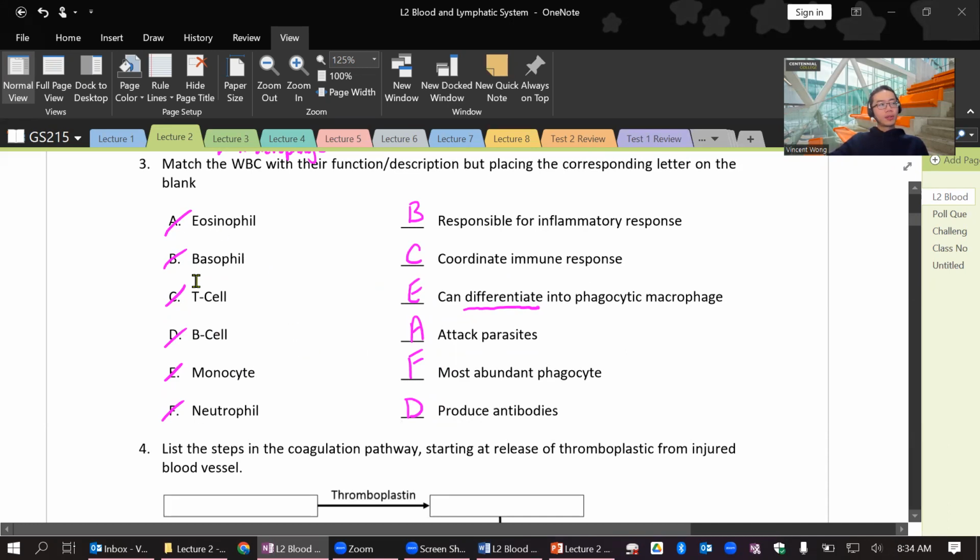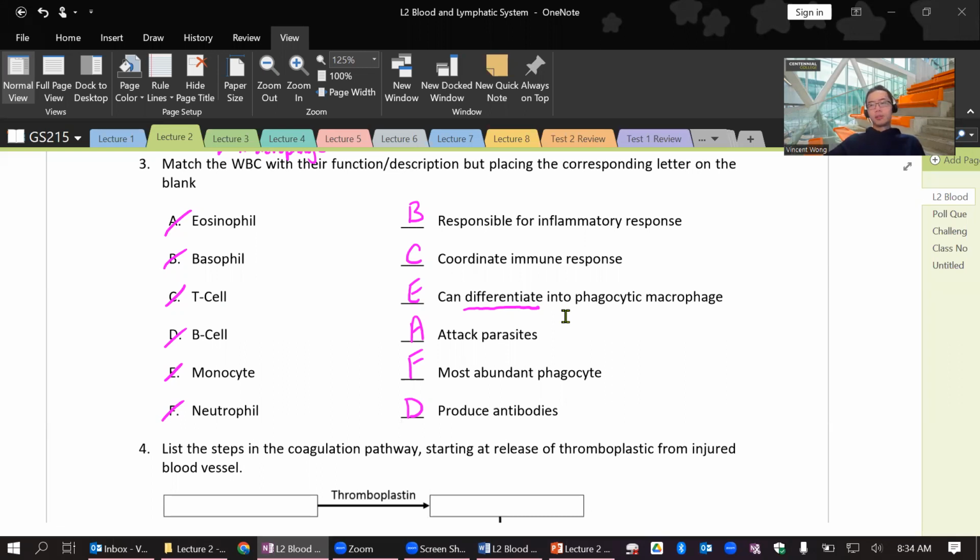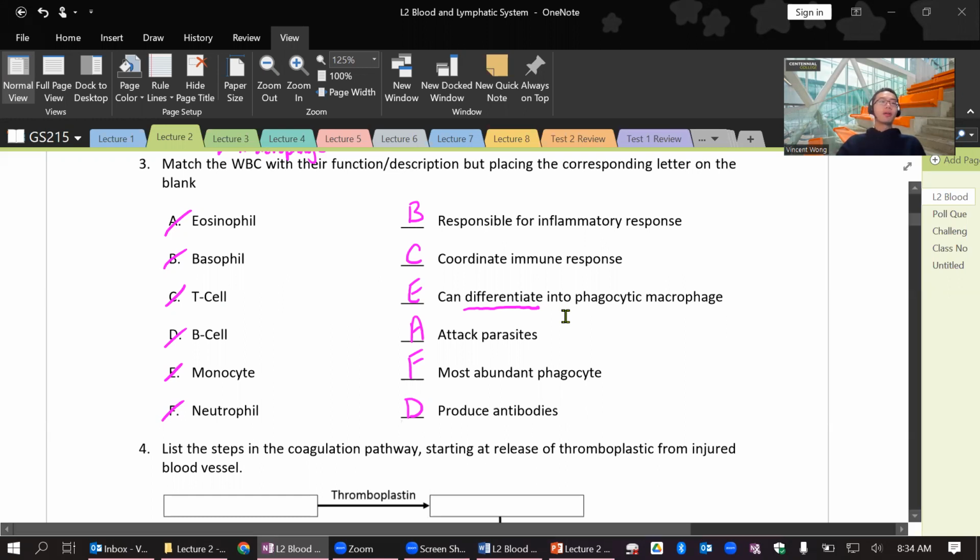Okay. So these are all the white cells that we've learned. Where do these white cells come from? Just to see if you remember. Bone marrow. The bone marrow, that's right. So in the bone marrow, the red bone marrow, there is a process, the stem cells will become all these things, right?